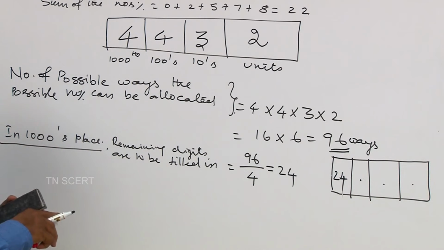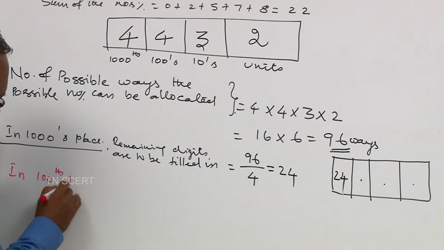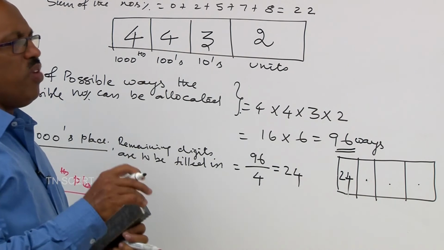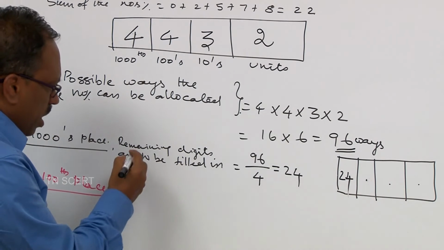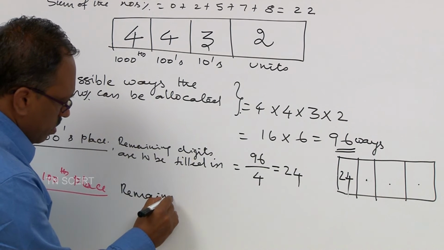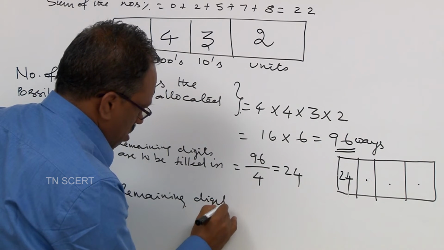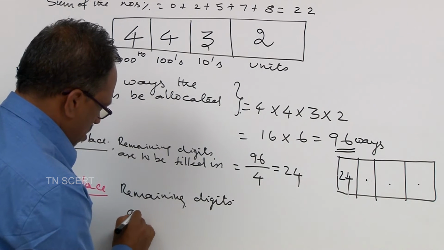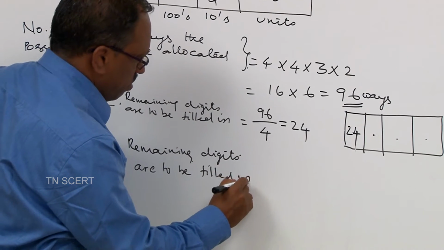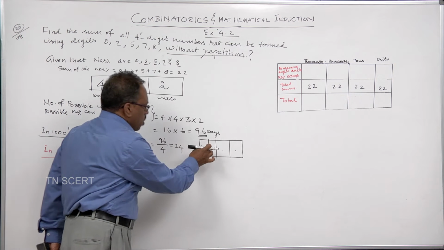Next let me take the hundreds place. In the hundreds place, how many digits are to be filled up? Now let me tell the remaining digits. See, already I have allocated 96, that is divided by 4, 24.